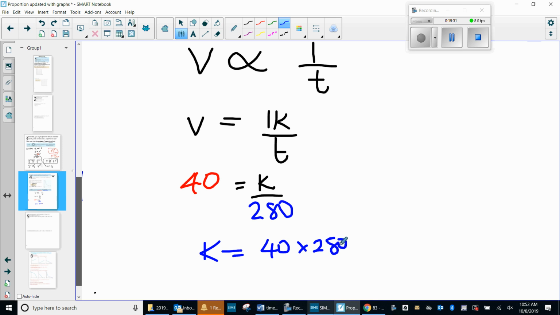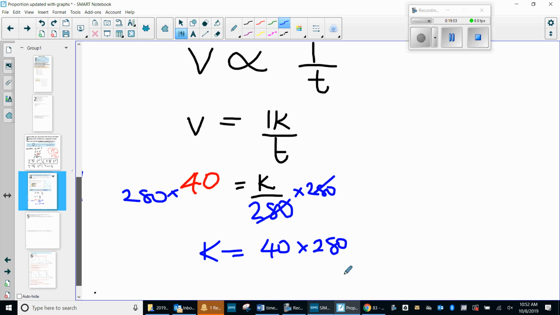Wait, I'm confused. That's a long number. What are you confused about, Abby? How did you go from the second last step to the last step? Because if something here is divided by 280, to get rid of it, I have to times both sides by 280. That means that this has disappeared.